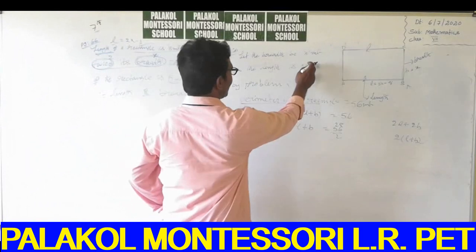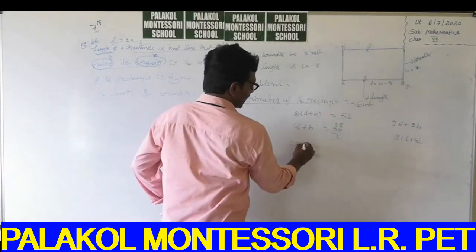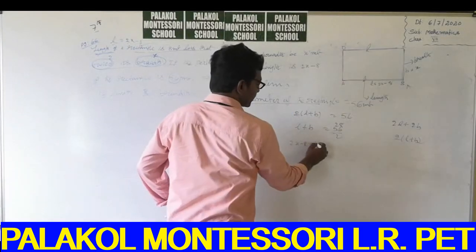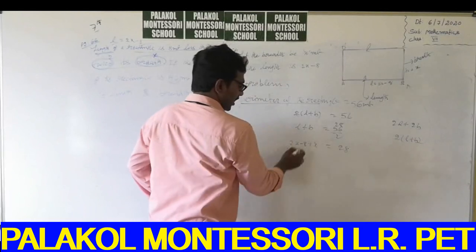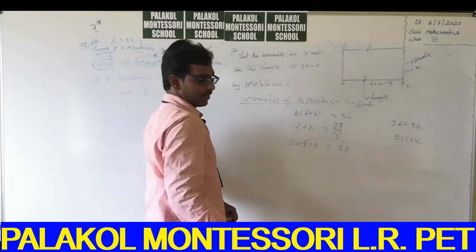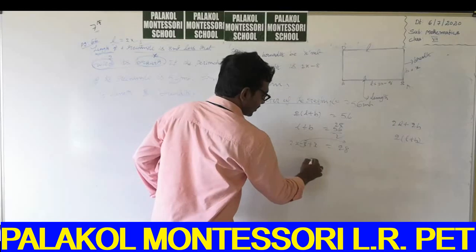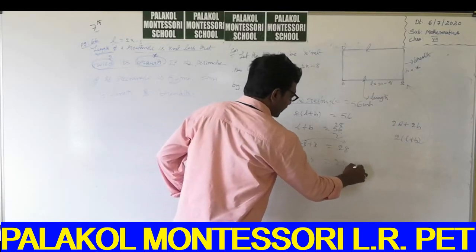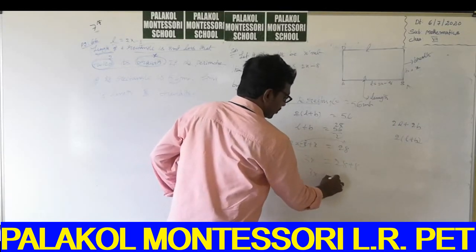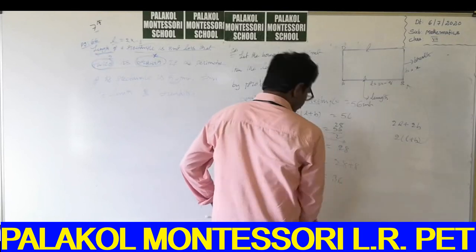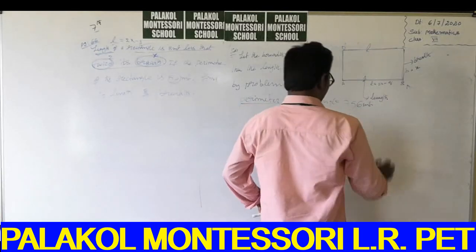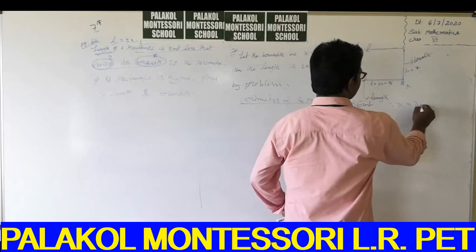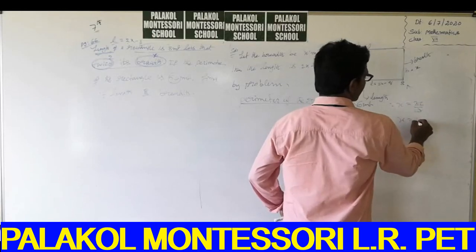You know the L value, the length is 2x minus 8, plus the breadth value x, is equal to 28. Minus 8, send that side, plus 8. 2x plus x, 3x is equal to 28 plus 8. 3x is equal to 36, therefore x is equal to 36 by 3, so x is equal to 12.